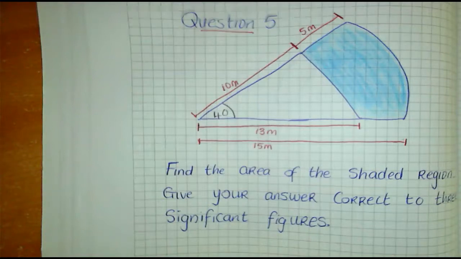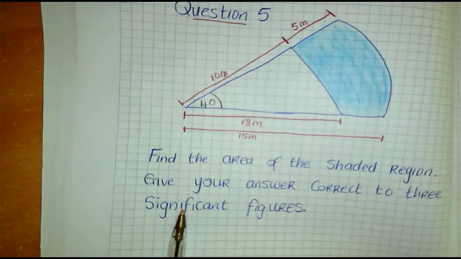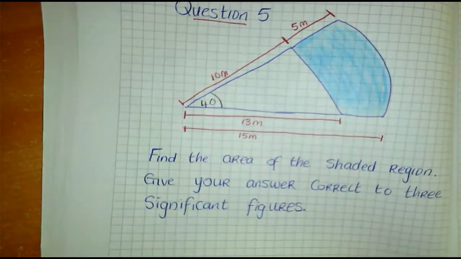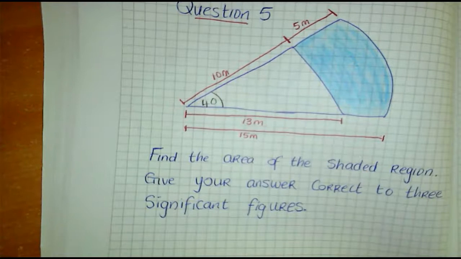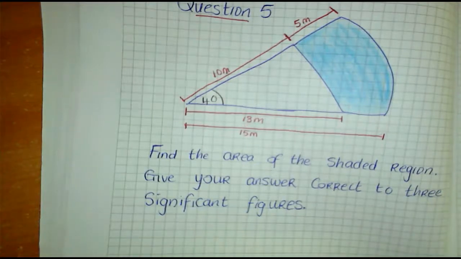Okay? And guys, the 3 significant figures then, it's not 3 decimal places. That's what a lot of people think 3 significant figures is, that it's just 3 numbers after the decimal point. It's not that, okay? It's the first 3 non-zero numbers. We did that at the start of the year. You might have forgotten.